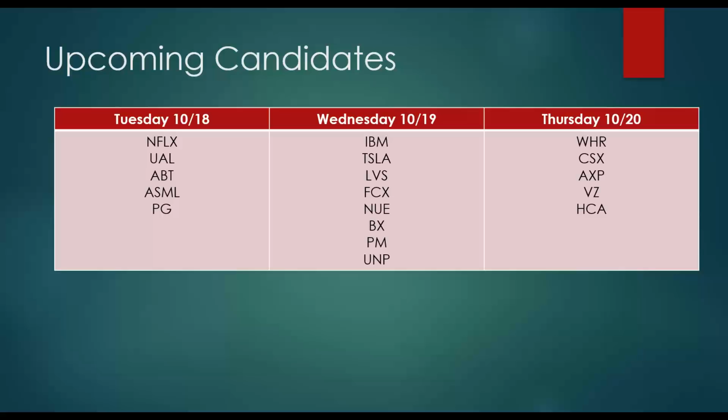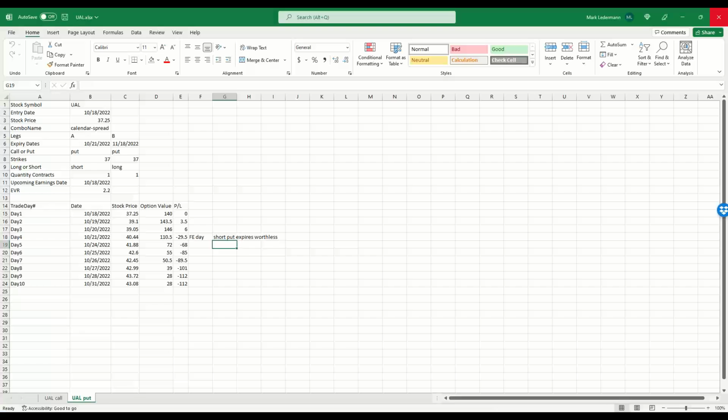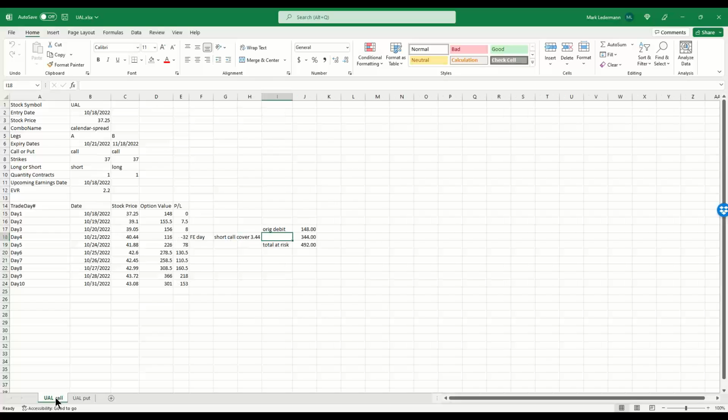What else do I have for you? I'm going to show you quickly two more. UAL. I did a put. The put calendar. The front shorts expired worthless. But had you done the call calendar, you can see that the strike was 37.